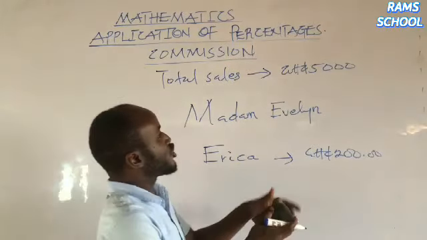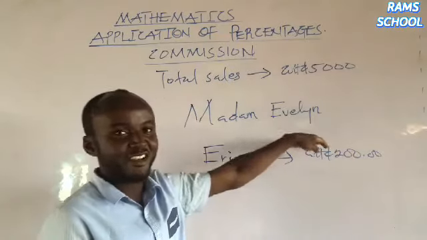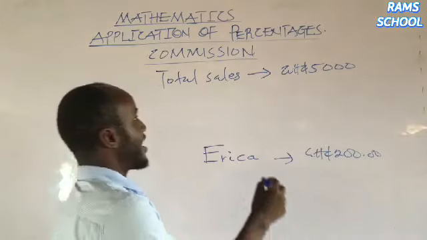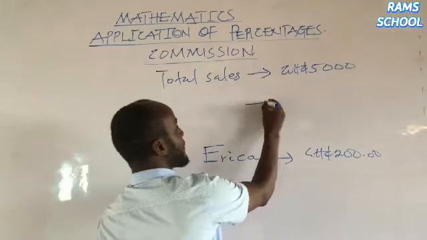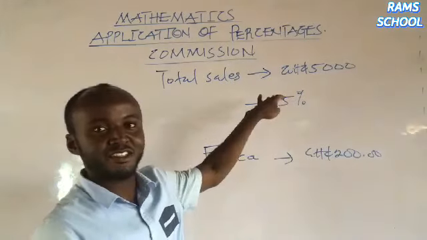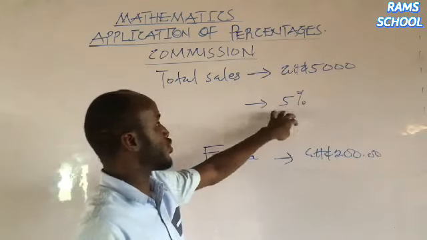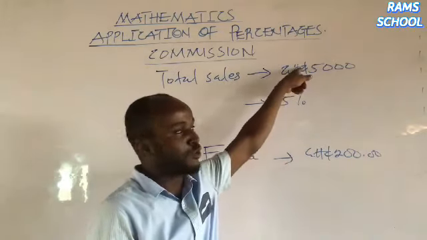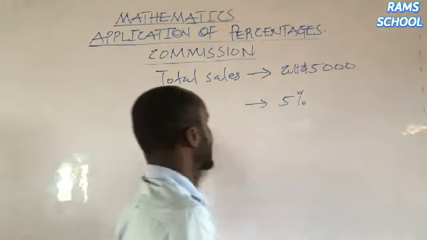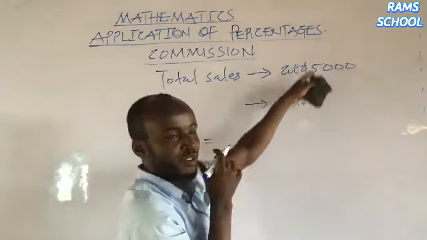So Madam Evelyn is going to give her a percentage of this total amount aside the salary. So Madam Evelyn can decide to give Erica a commission of, let's say, 5% on every goods that she sells. So this 5% here is the commission that will be given to Erica based on the amount that she has sold aside the salary. So if I want to know Erica's commission, what I will do is that I'm going to multiply the 5% by the total.